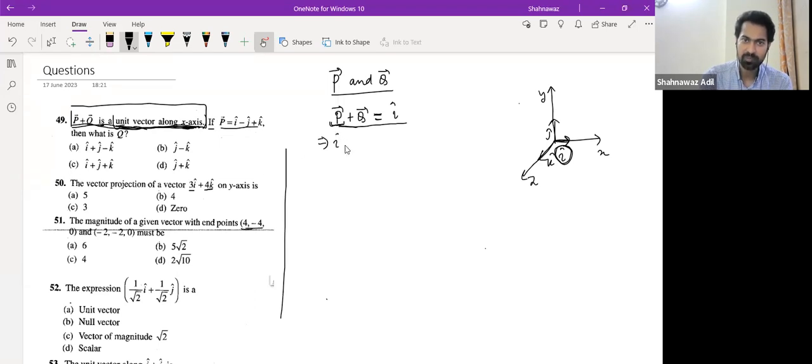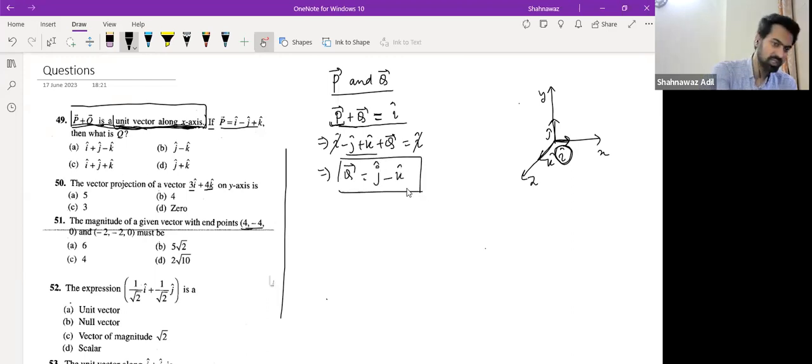This is I minus J plus K plus Q vector is I. So I will cancel and Q would be, moving this to the right hand side, J minus K.